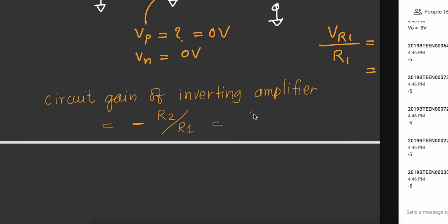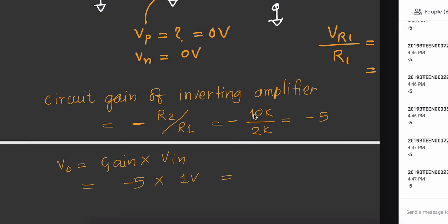Now R2 is 10K, R1 is 2K, minus sign is there, so the gain is -5. Okay. Now V output is equal to gain into V input. Gain is -5, input is 1 volt, so output is -5 volt. I hope you are able to understand this. Yes or no? Okay, great.